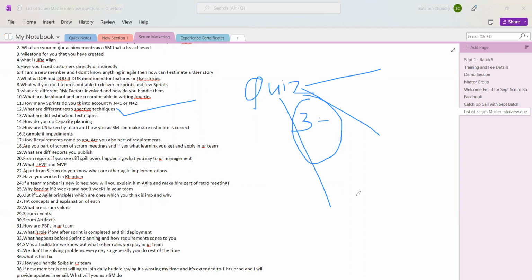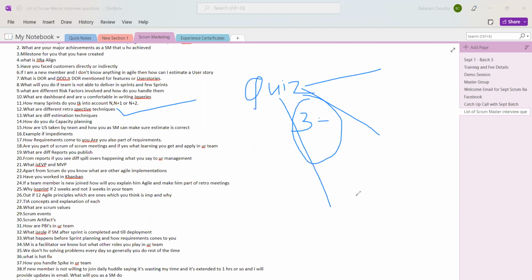Let's say, who was the first person who climbed Mount Everest? Who was the first person who won the 100-meter race? These kinds of general knowledge questions you can bring in as a Scrum Master for an engagement activity, just to engage people and seek their attention initially.